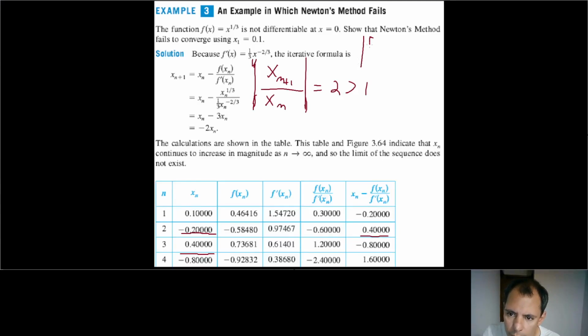You have f times f double prime divided by f prime squared, and this thing has to be less than 1. Why? Because of this situation here. Basically, x sub n plus 1 is represented by this, and x sub n is represented by this.